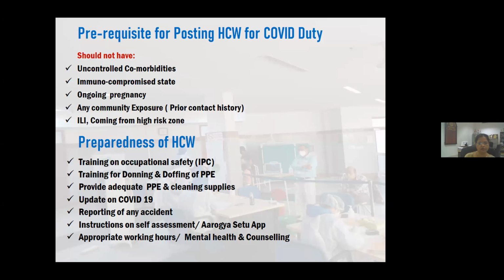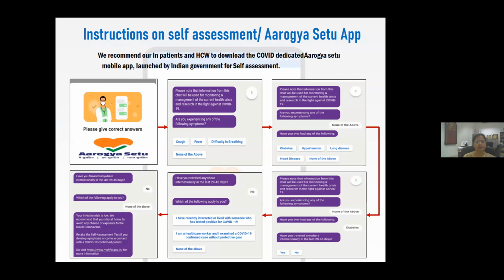They are instructed to report any type of accidental exposure to the concerned authority as soon as possible without panic. Proper care has been taken for fixation of their working hours, and efforts are made to maintain good mental health, with counseling if necessary. They have to install the Arogya Setu app, conduct a self-assessment daily, and report accordingly to the concerned authority, either by messaging or by telephonic conversation.